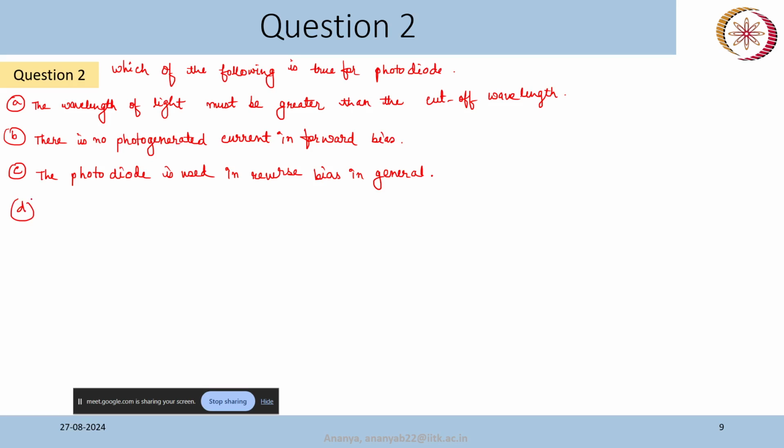Option D is the reverse bias current is sufficiently larger than photo generated current.